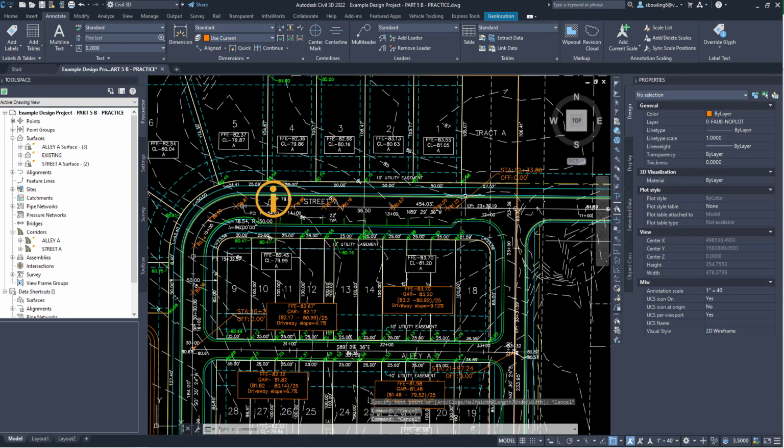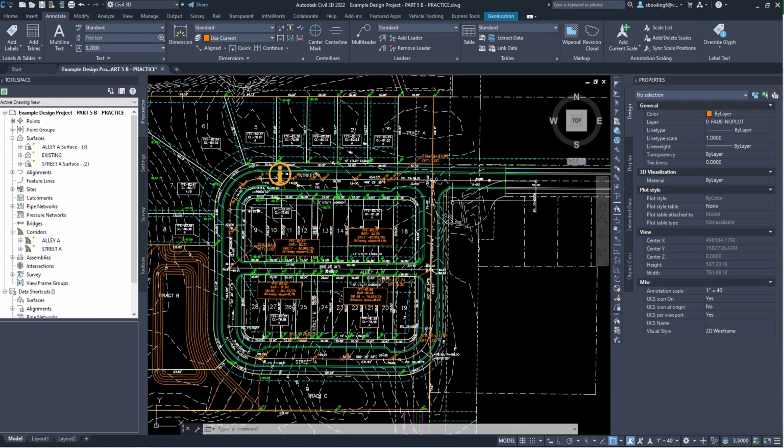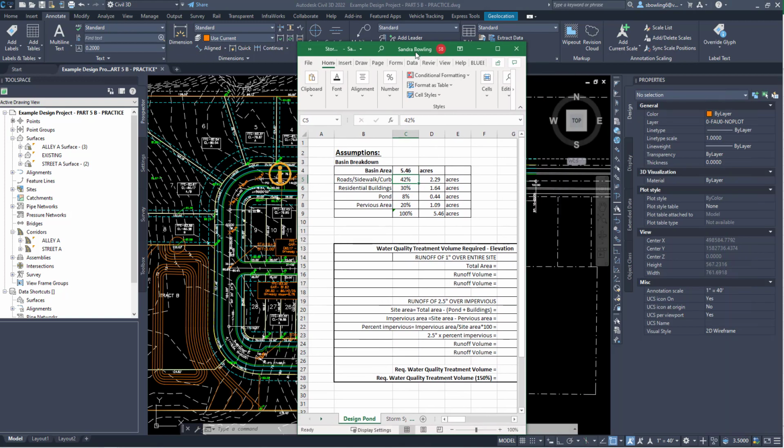I don't have the time to figure out all the impervious area for this short tutorial. If I had to figure the area of impervious, I would look at the roadway, the alley, the sidewalk. I would have to look at the buildings, how much pond area we had, etc. So I'm just going to do kind of an assumption.